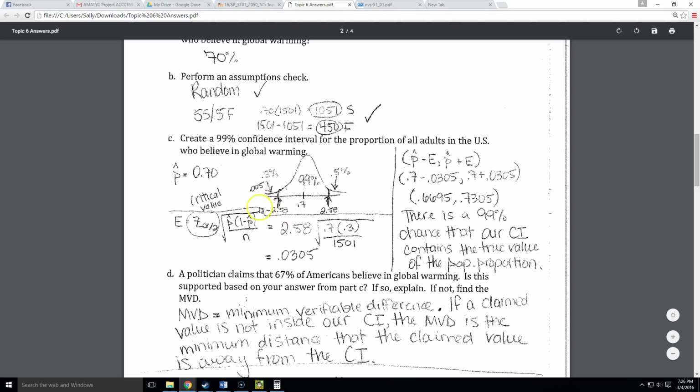Next, I draw the picture that we had created in topic 5. So proportions follow a normal distribution, so they're going to have that normal curve shape. Our best guess is 0.7, so that's going to go smack dab in the center. And then if we have 99%, so we want 99% of our values to surround 0.7, we're going to have 0.5% in each of these tails. 0.5% equates to 0.005.